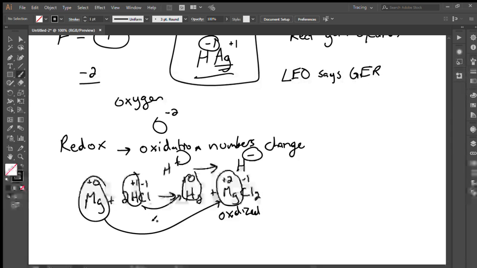So in order to do that, it had to gain electrons, so it was reduced. In the overall charge change, 1 magnesium went up by 2, and 2 hydrogens each went down by 1. That equals out.